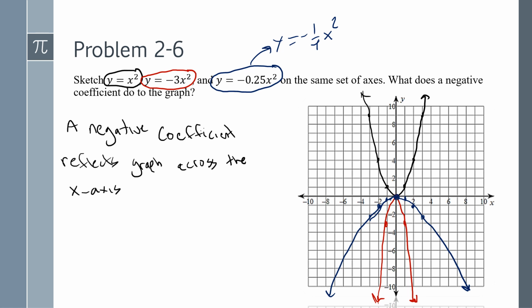In a parabola, it makes the parabola open downward. So that's what it looks like to me. Even though the numbers make a skinnier and a wider parabola, they both open downwards. That's what the negative number must do in front of the x squared.